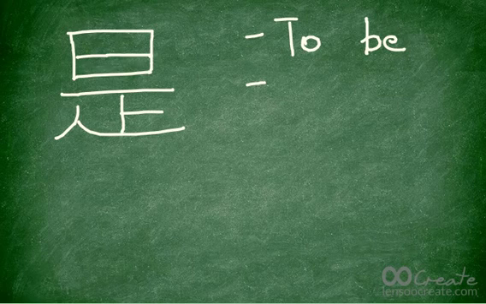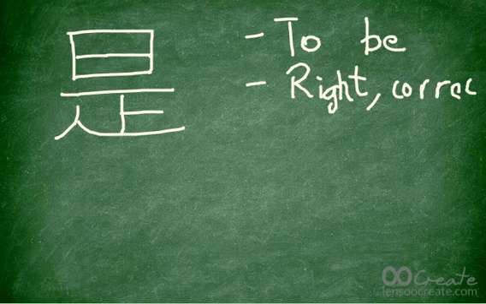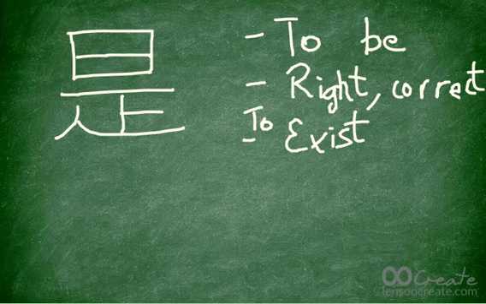Another one is right or correct. And sometimes it means to exist too, because it's a verb. So those are the definitions that we know nowadays.